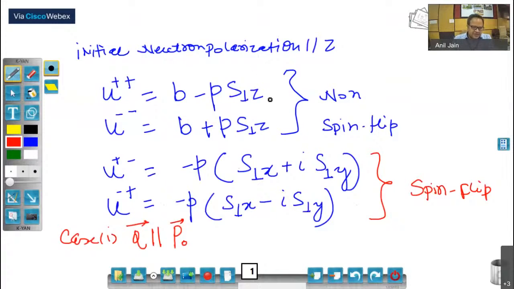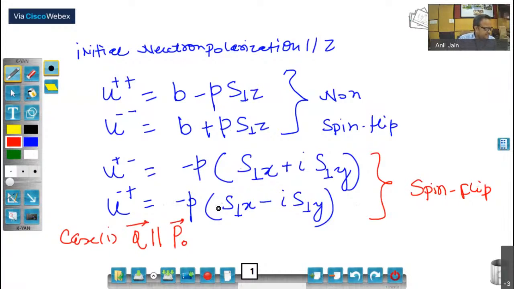In this case, as you know, this component S perp z is going to be 0 because you cannot sense a component of S along the Q. So all the magnetic scattering goes to the spin flip side.